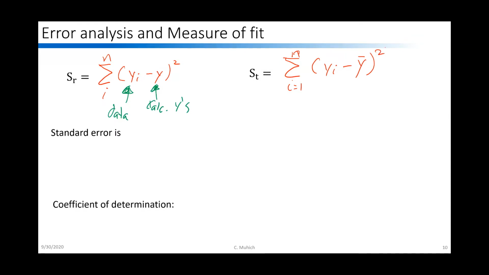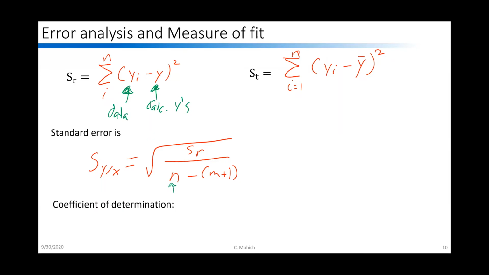So just that variance within my y's. We can now compute standard error. Here we're going to represent it, the standard error of y as described by my x's. That is SR over n minus m plus 1.